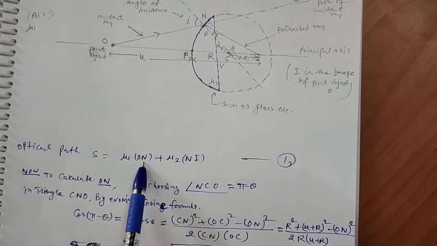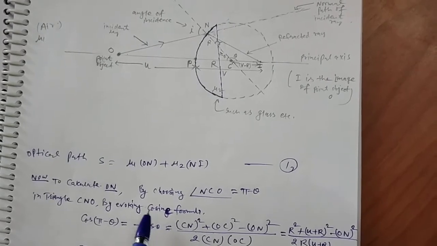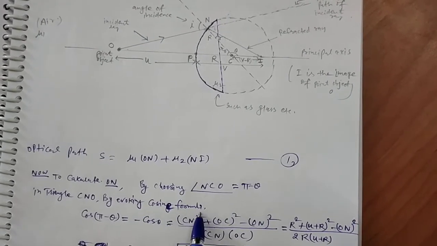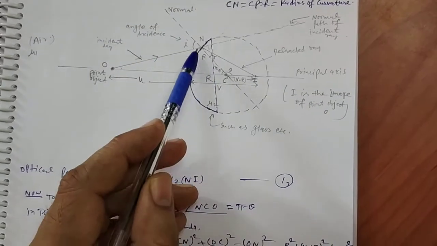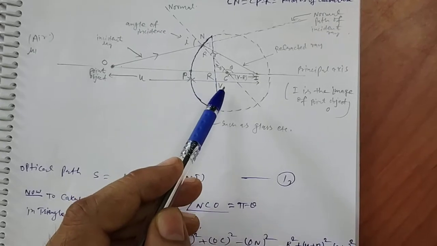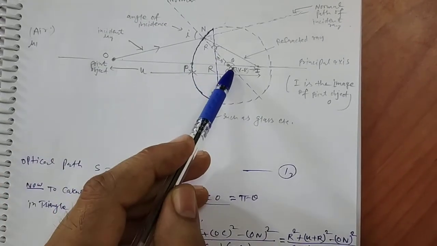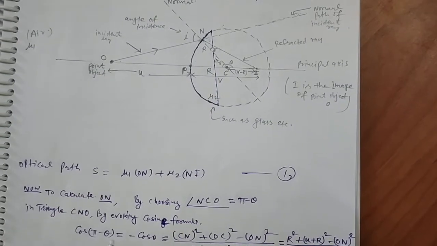For this we have to invoke the cosine formula by choosing the angle NCO. This can be chosen as pi minus theta.